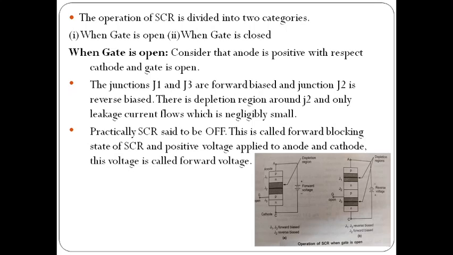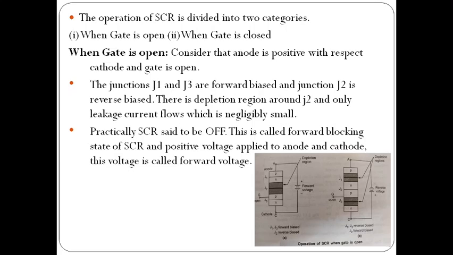Practically, we can say the SCR is in the off state, because junction J2 is reverse biased. This is called the forward blocking state of the SCR, and the positive voltage we apply to the anode is called the forward voltage.